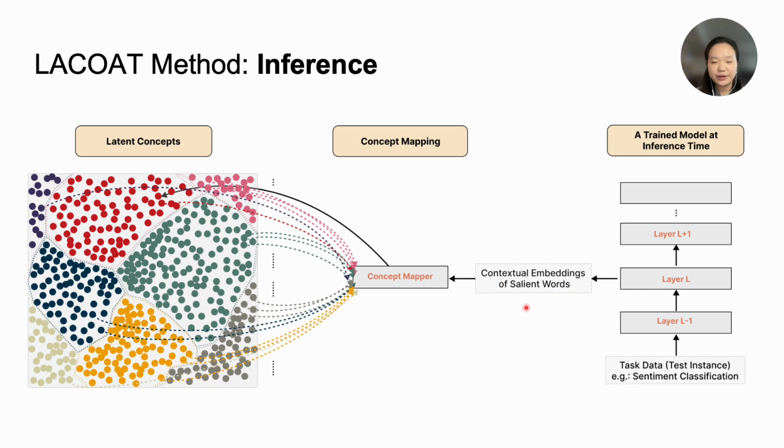Next, the contextual embedding of the salient words is passed into the concept mapper. Finally, the concept mapper links this embedding to a latent concept from the training data space. This mapped latent concept is the explanation for this input test instance.